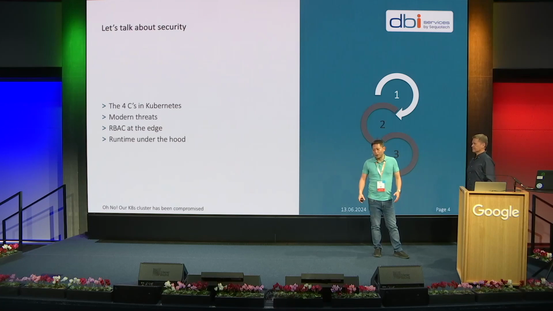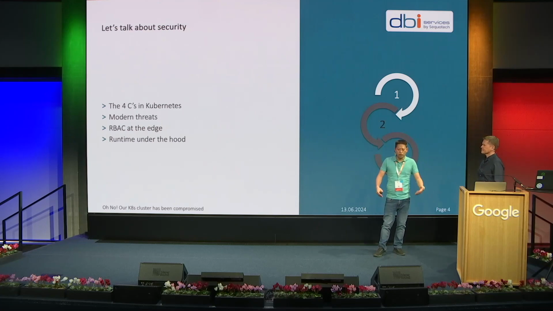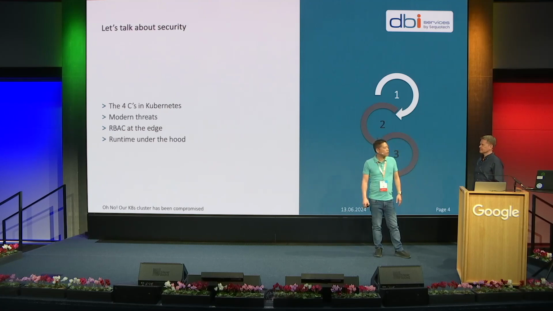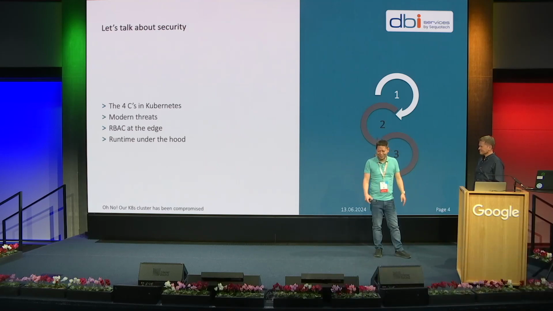It's a bit basic, but we have to talk about that. We'll talk about the basics in Kubernetes, some modern threats we can find today, RBAC, and some things about runtime. We saw some talk just before about runtime, but these are new things.